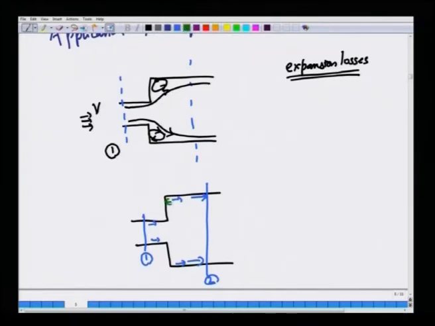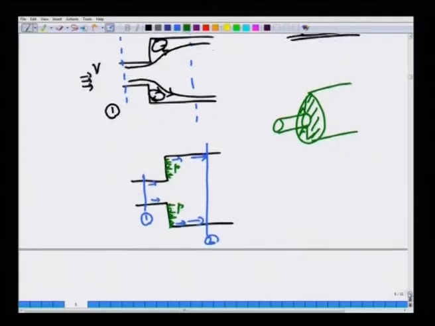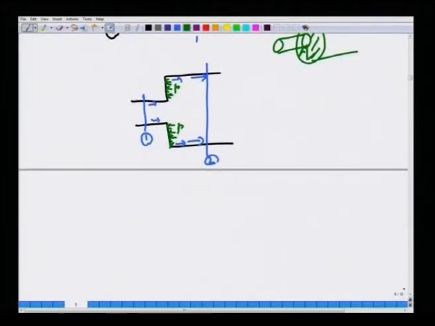Suppose you imagine this to be a pipe that suddenly expands into a bigger pipe. So, there is an annular region where you have this normal force due to pressure. So, there are two types of forces that act on the surfaces of this CV, and we have to keep that in mind.